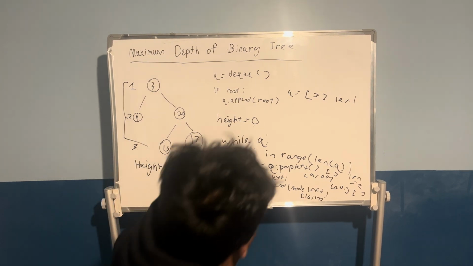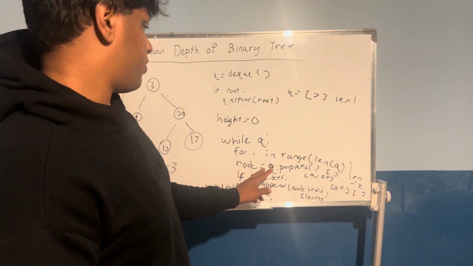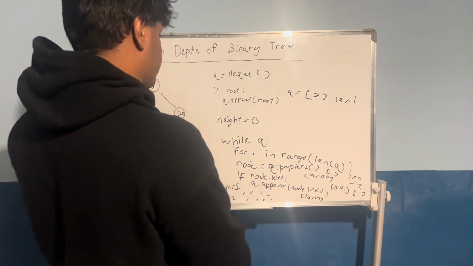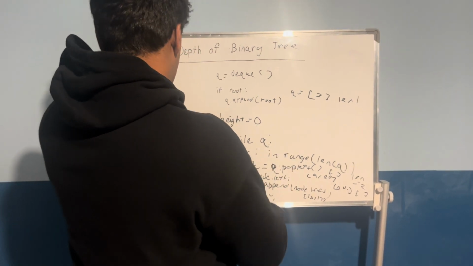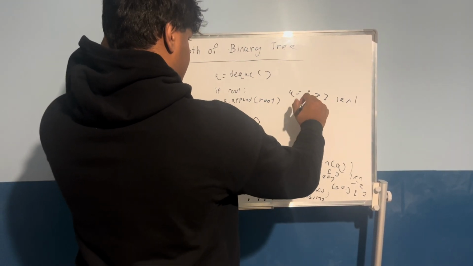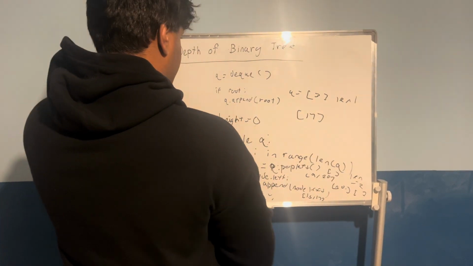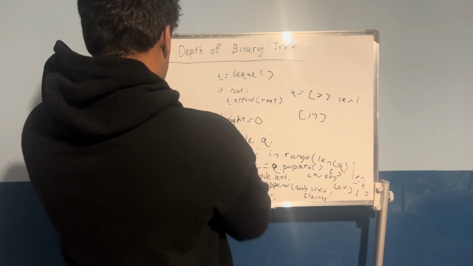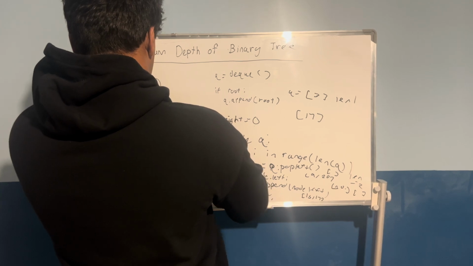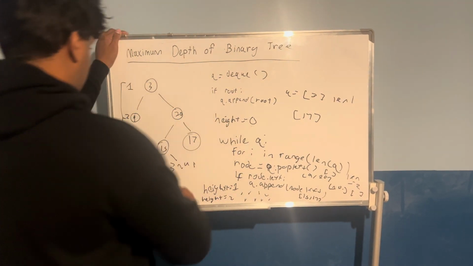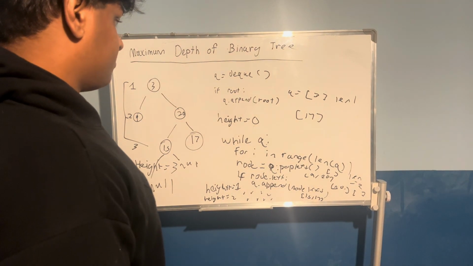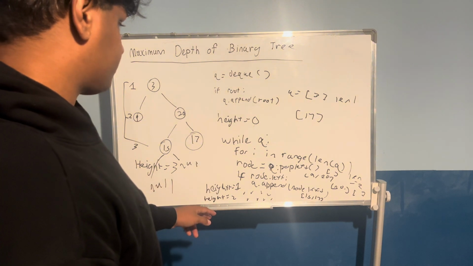Then we have to run the for loop 2 more iterations. So back to it. We pop the left, so now we have 17. Now we're looking for the left and right of the 15, and it's null because there's nothing connecting it. And now we run it again.